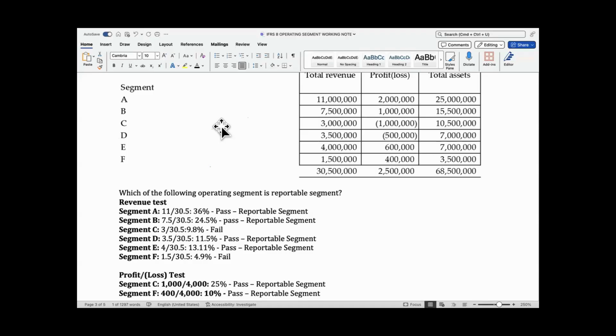After the calculations, you can just do a little note on it that following from our calculation, segment A, B, D, and E are reportable segments based on the revenue tests, and segment C and F are reportable segments based on the profit or loss test. You specify it that way.